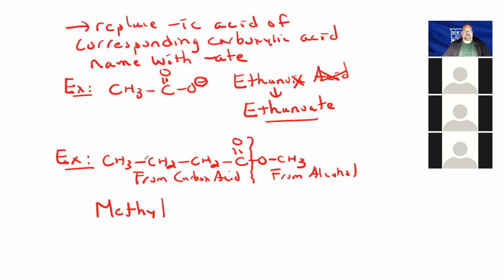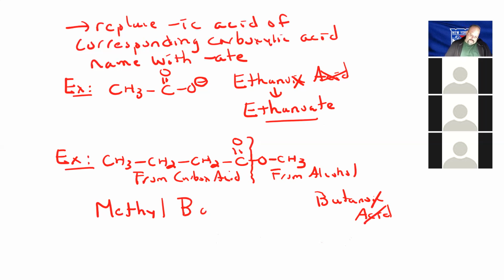Okay. If this was a carboxylic acid, CH3, CH2, CH2, C double bond O, OH, a 4-carbon carboxylic acid would be known as butanoic acid. But we want the carboxylate ion name. So we take out the IC, take out the acid, and replace it with what? Replace it with ATE.